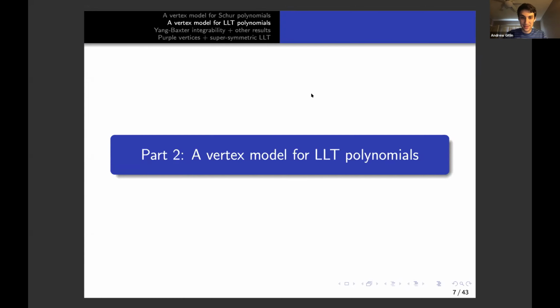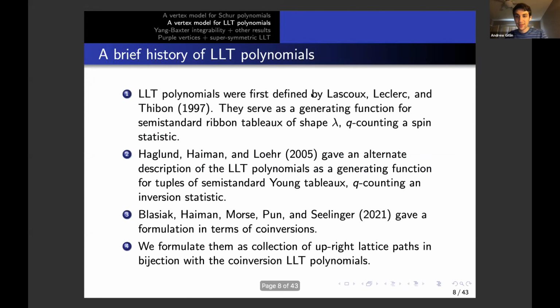Before I do that, first I should tell you a little bit about LLT polynomials, their history and their definition. They were introduced by Lascoux, Leclerc, and Thibon in 1997, hence the name LLT. Their original definition was in terms of semi-standard ribbon tableaux, where you q-count a spin statistic.